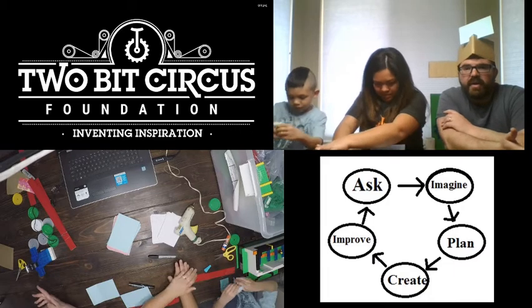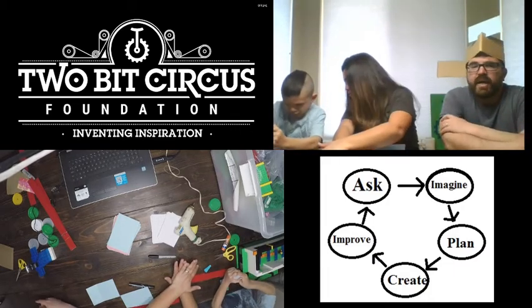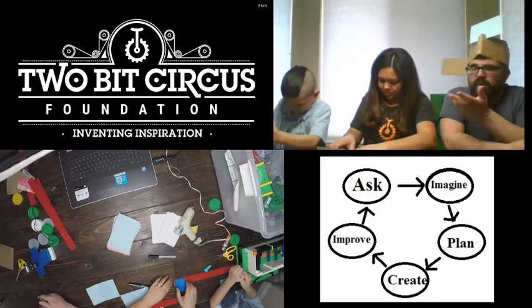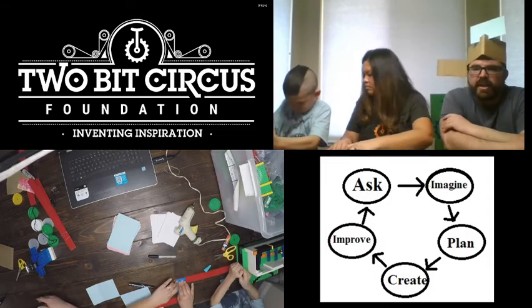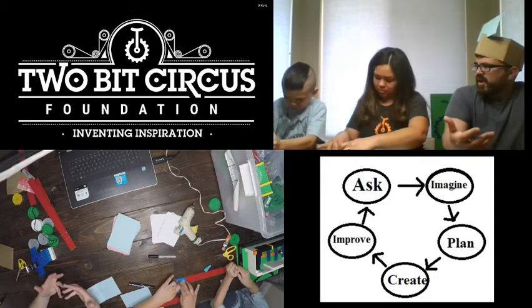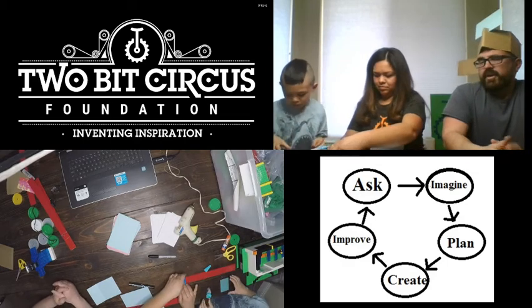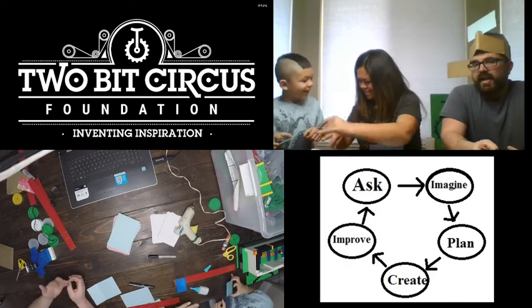You could use vocabulary that you use during the school year. I teach physics, so you could use words like velocity and acceleration, and they would have to find a way to describe those concepts to you using Legos.